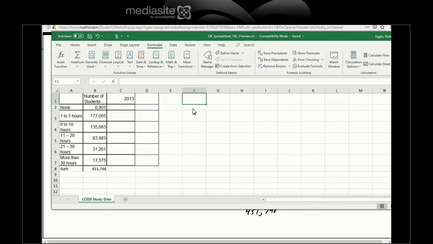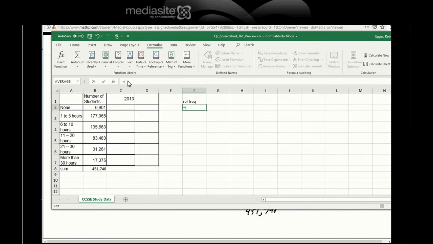Oh, my mouse isn't working. Alright, now it's working.